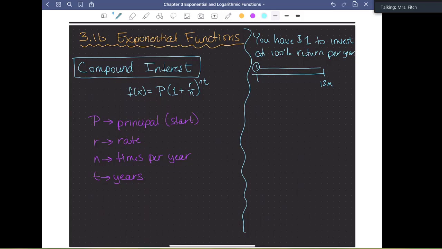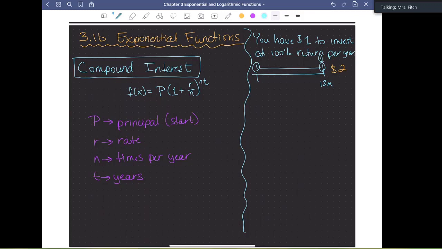And then at 12 months, I'm still going to have my $1, but then they're going to pay me 100% interest. And 100% interest on $1 would be giving me another $1. So at the end of the year, I would have a total of $2, right? Picking up on what I'm laying down?